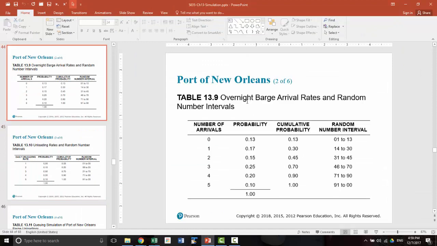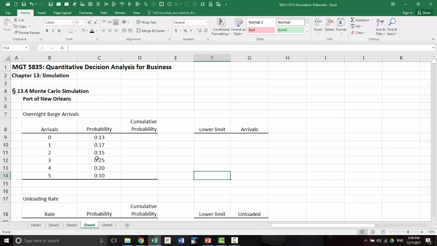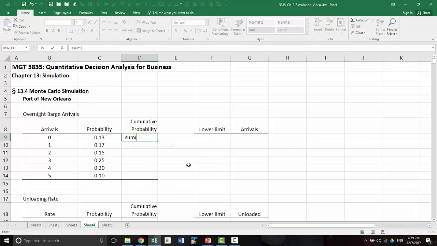So I'm getting the probabilities from the textbook. Okay, so we have to set up the cumulative probability. All right, sum of that to that, C9 to C9, except that the first C9, if you make that into an absolute reference, then if you copy, you'll get cumulative probability.